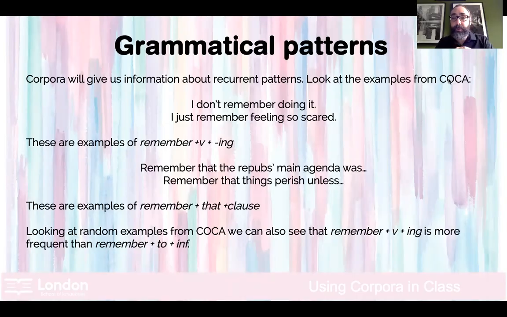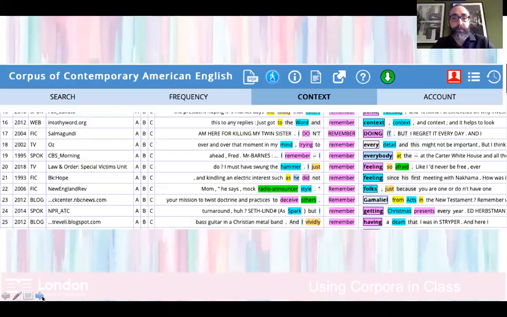Looking around the examples from COCA, we can also see that remember plus verb plus ing is not just more, but much more frequent than remember to. So possibly we need to rethink how we teach this particular example, remember, in class. And possibly we need to emphasize remember ing much more than remember to, because, as I say, corpora tell us that it is much more frequent than remember to.